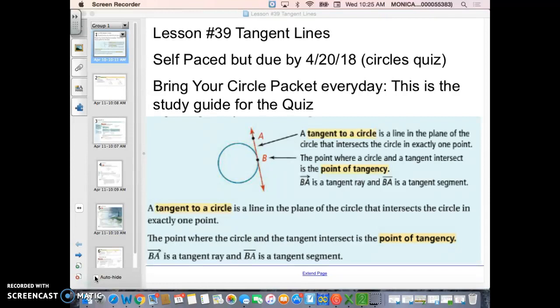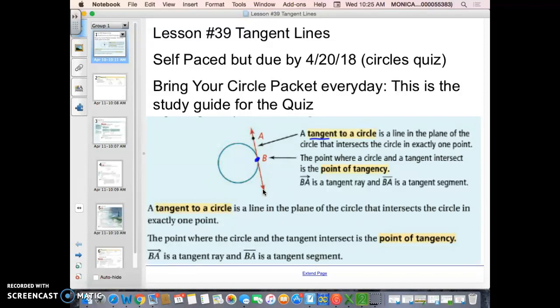So we're going to start our unit on circles. A couple of vocabulary words that are important. As you can see here, we have a circle. And if you have a line like this that intersects your circle at exactly one point, so this would be point B, then we call that tangent. So it's tangent to the circle.